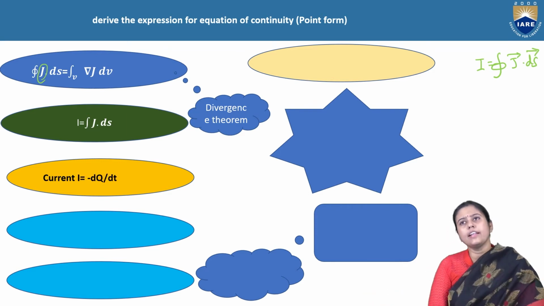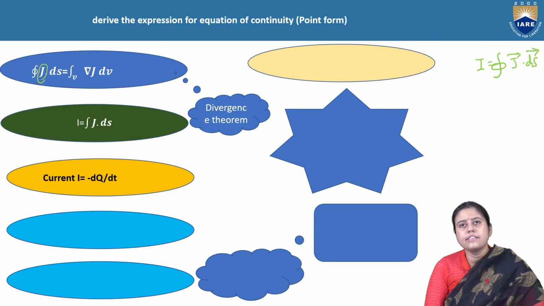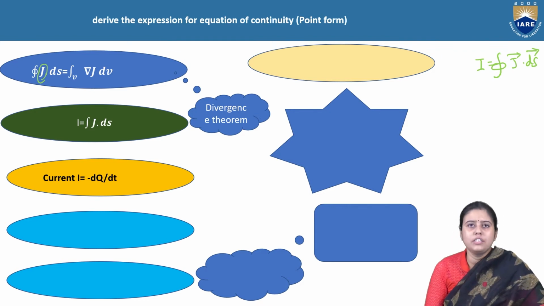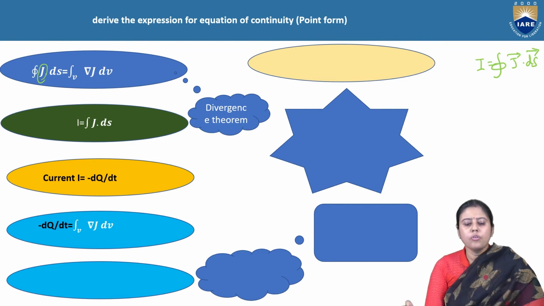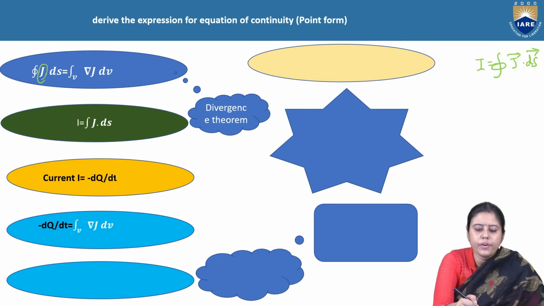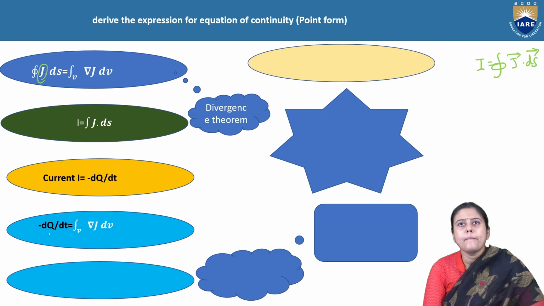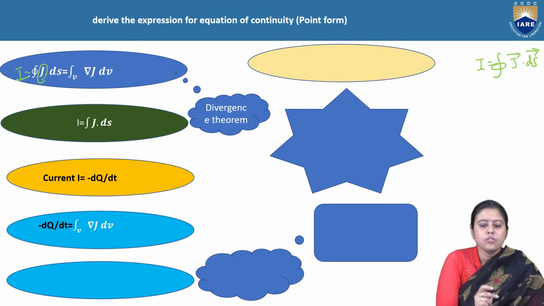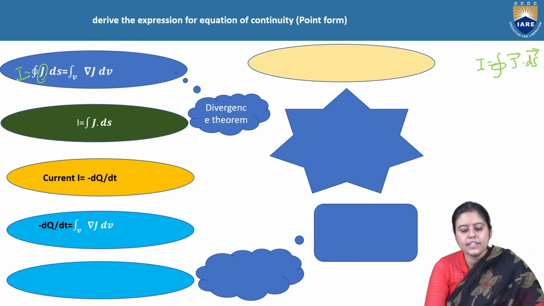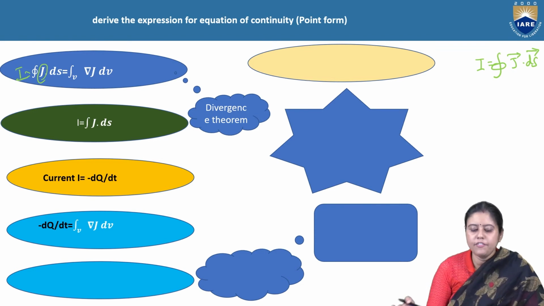Another important thing: I is equal to minus dq by dt, already discussed in the previous slide. So if we compare these two equations, we can write minus dq by dt equals current. So minus dq by dt equals the integration of grad dot J dv.